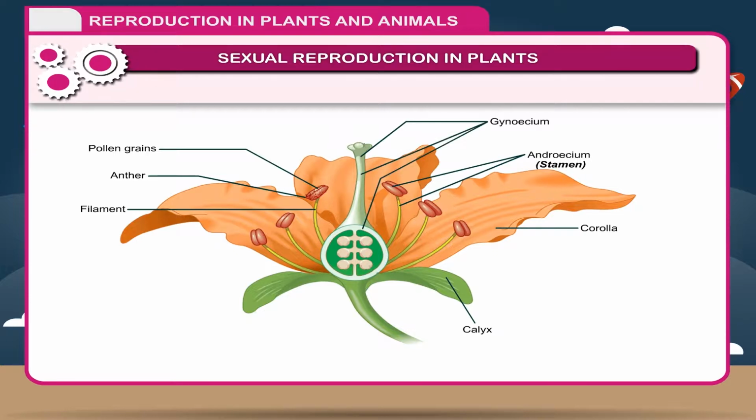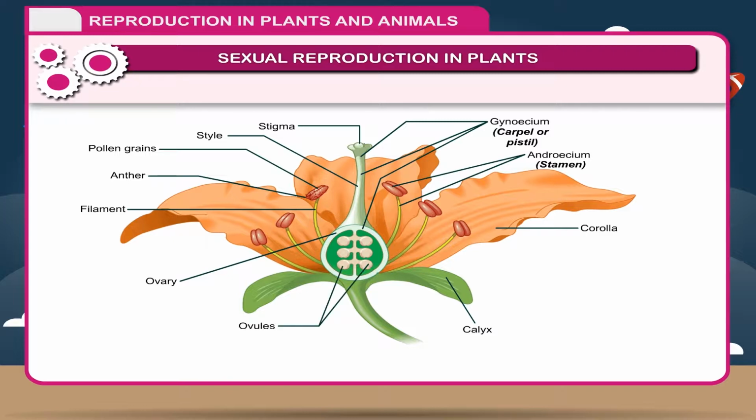Each unit of gynoecium is called carpel or pistil. It consists of an enlarged basal part called the ovary, hairy apex, the stigma, and the portion between the ovary and stigma is called style, which is a tube-like structure. The ovary contains many ovules which after fertilization form seeds.